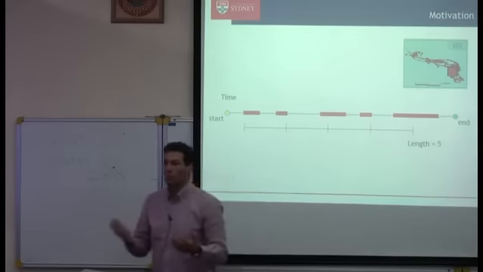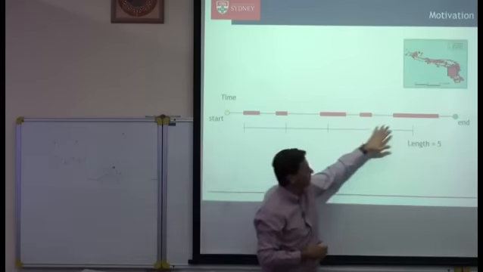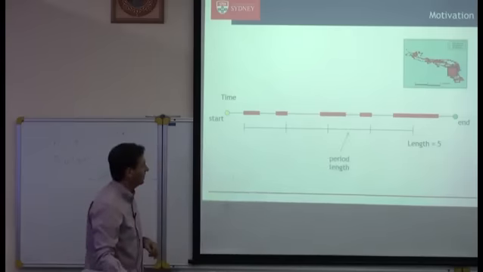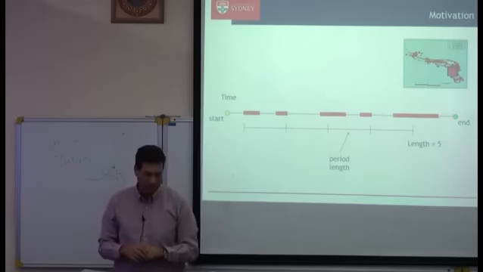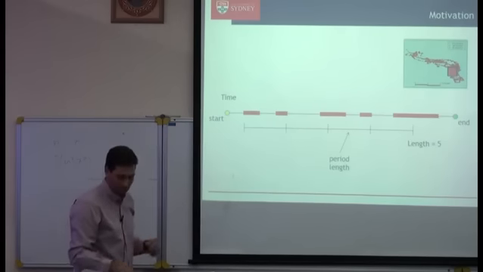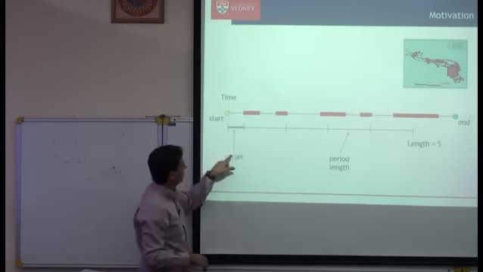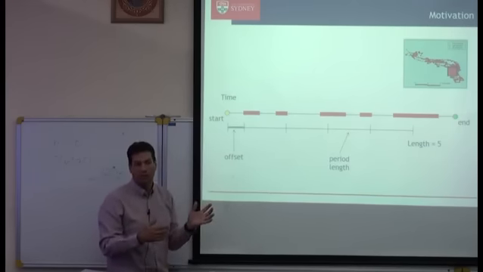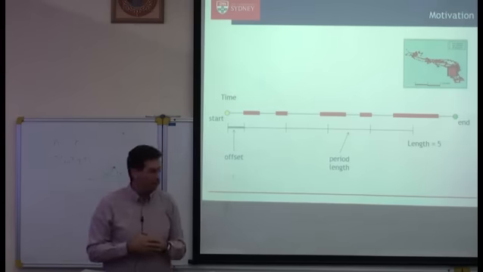It could be, for example, a day, so 5 days in a row this event will occur. I call this my period length. It could be a day or 2 minutes or whatever. And then I call this the offset. That's the time from the start of time to when I start to measure my visits.